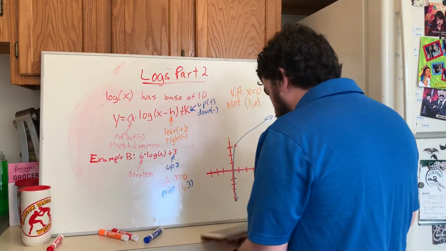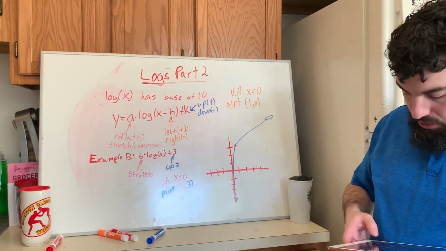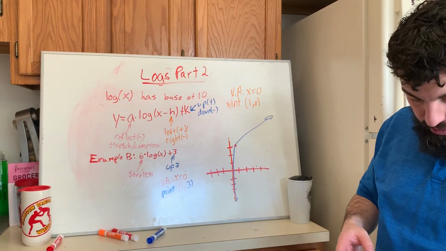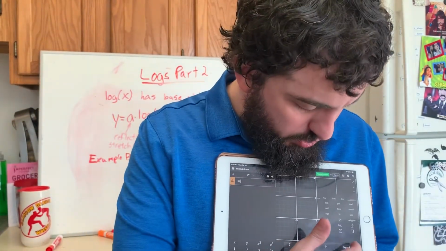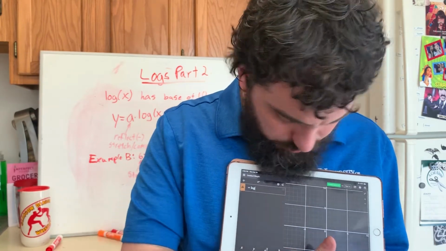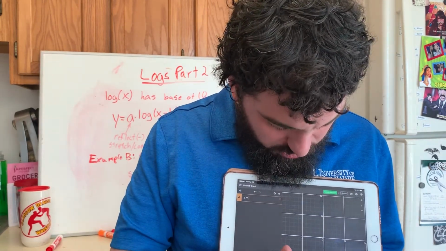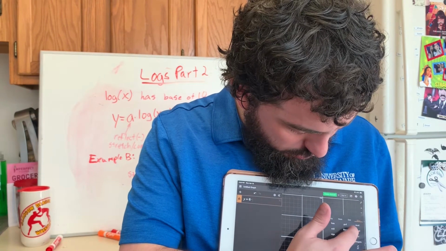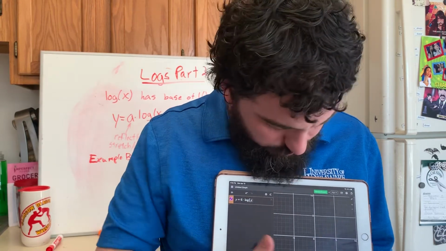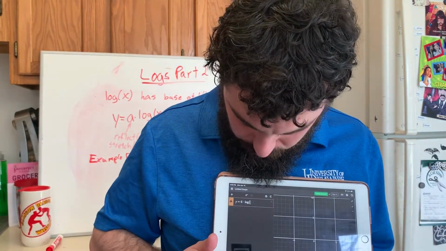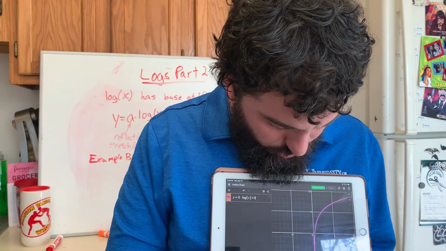And if we look at this on the Desmos calculator, let's see, we have y equals 6 times the log of x, close parentheses, plus 3.